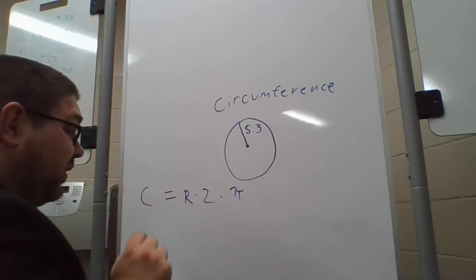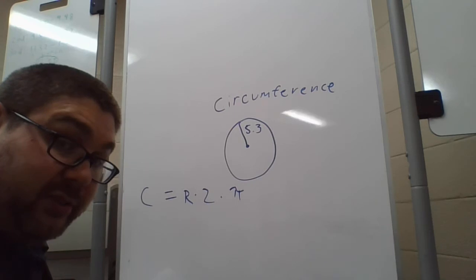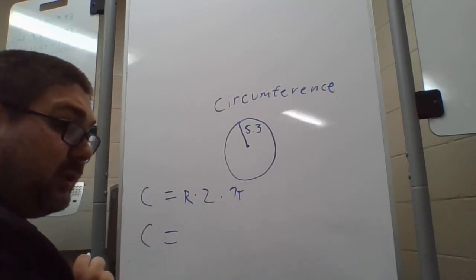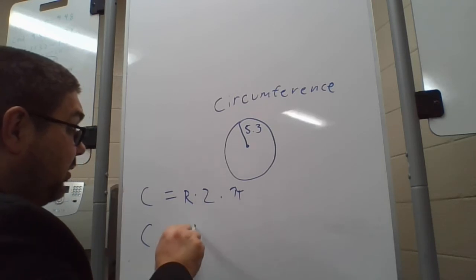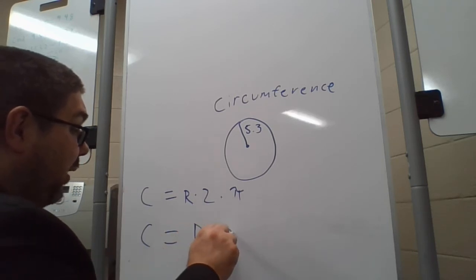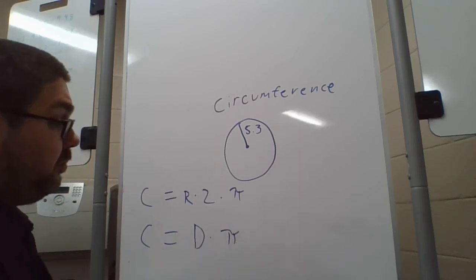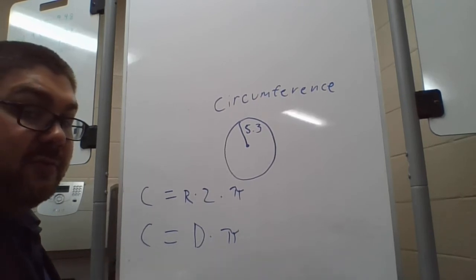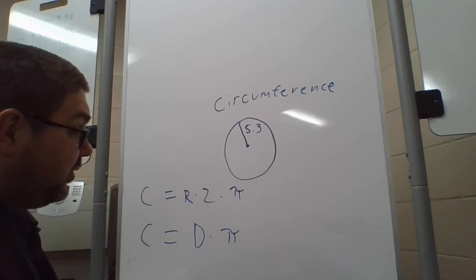This is circumference. Now, the other thing about circumference, if radius times 2 times pi works, so does diameter times pi. Both of these are the formula for circumference.